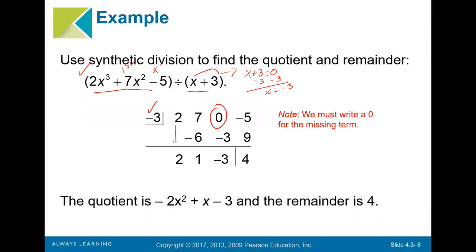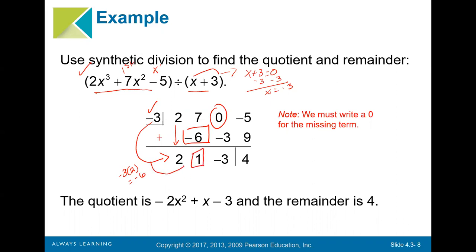Now, what do we do? We bring our first down. We bring it down and then we say, okay, this number times this number gives me -6. So we put it right here. And we say, okay, 7 plus that -6 gives me +1.